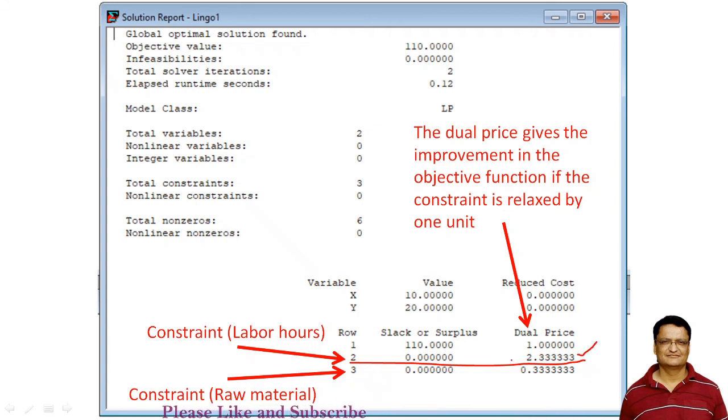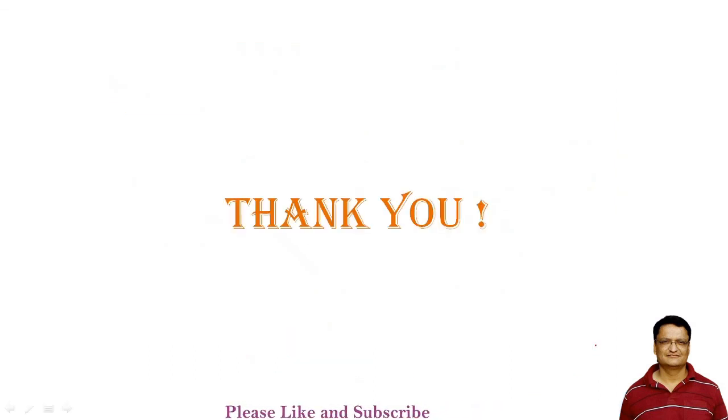Similarly, this row tells us that if you add 1 unit of raw material, your profit will be improved by 0.333. So it gives me a clear idea about which input I should make more available so that I will be in profit. I hope you have understood the interpretation of this LPP.